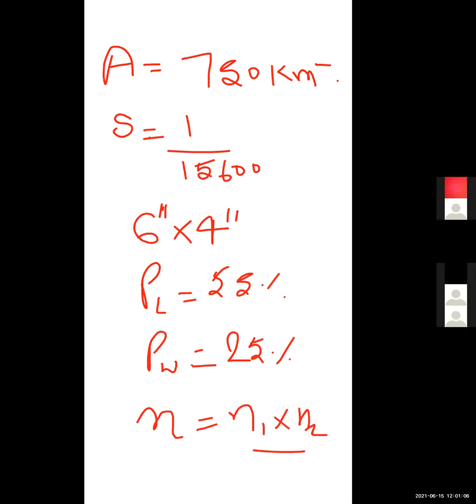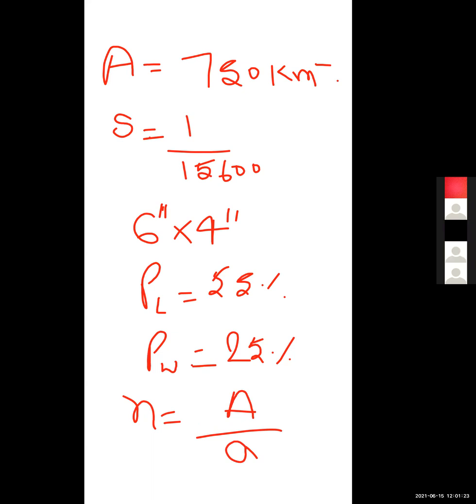So how do we calculate? Here we can simply calculate the number of photographs N equal to the area on the map divided by the area of one photograph. The equation is already given.